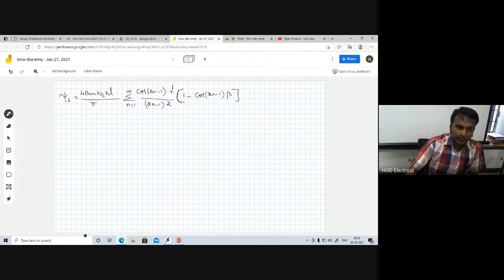This is the equation of the magnetic flux linkage in this stator.